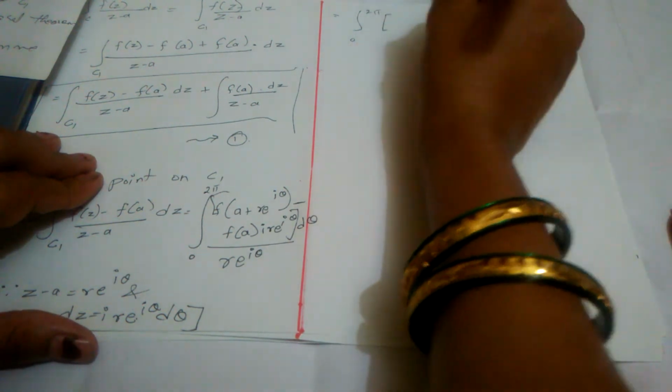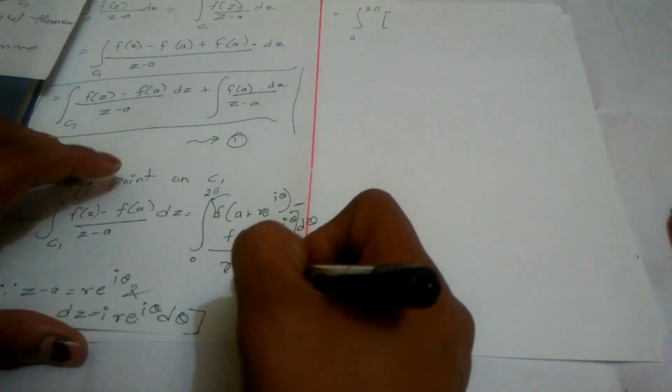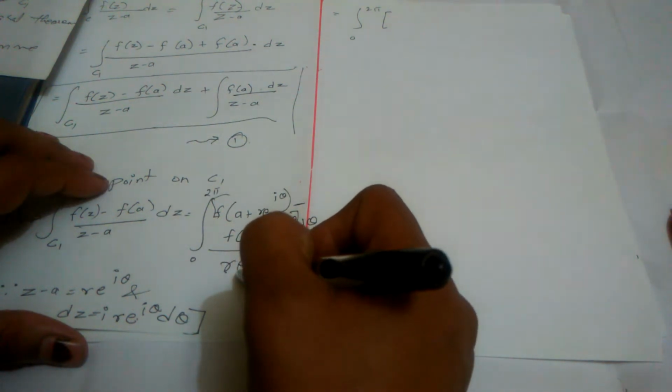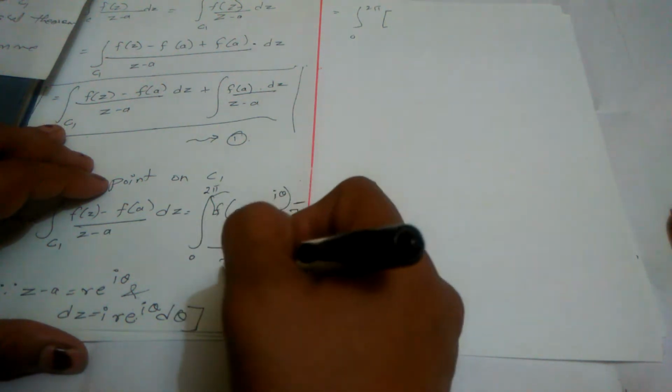Again, the integral from 0 to 2 pi: we take this term as common and cancel the common terms.